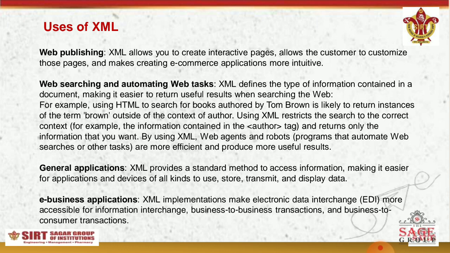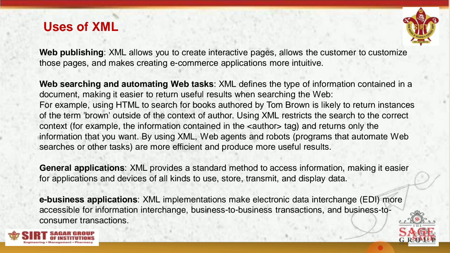Web searching and automating web tasks: XML defines the type of information contained in the document, making a layer that returns useful results when searching the web. General applications: XML provides a standard method to access information, making it easier for applications and devices of all kinds to use, store, transmit, and display data.